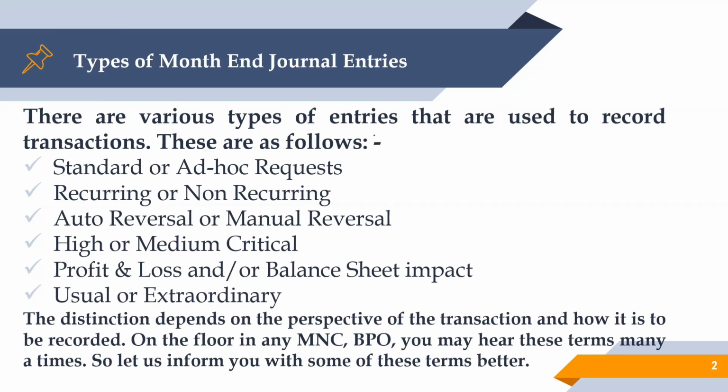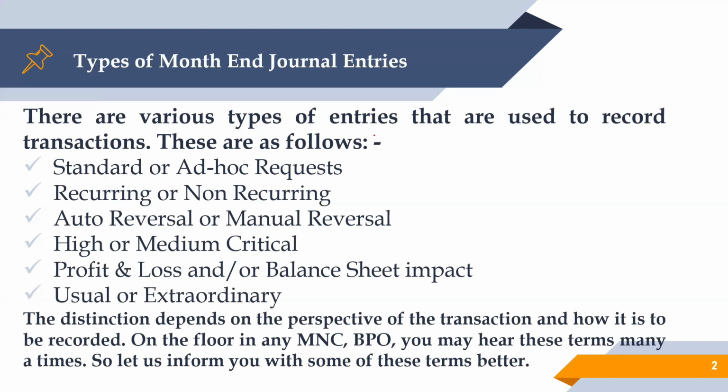The distinction depends on the perspective of the transaction and how it is to be recorded. On the floor in any MNC BPO, you may hear these terms many times. So let's inform you about some of these terms better.